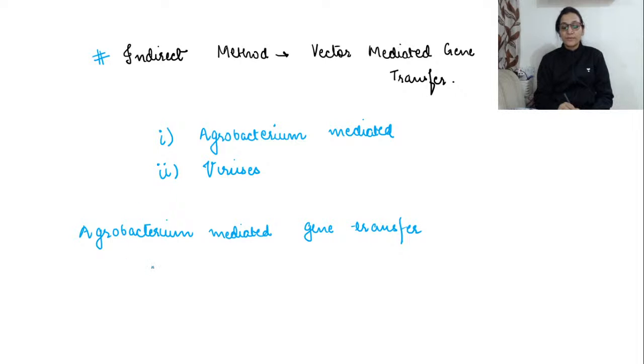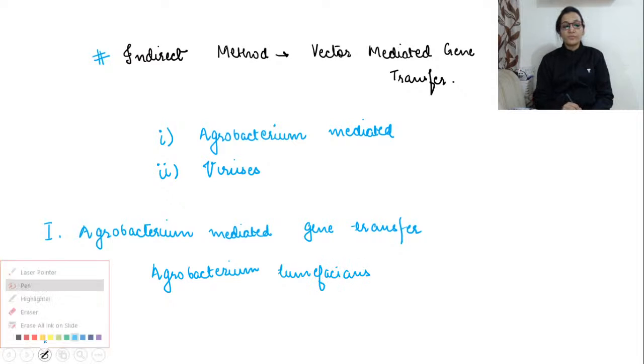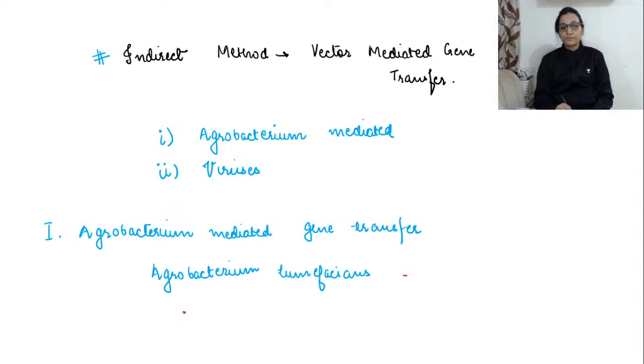Agrobacterium mediated gene transfer. So what is Agrobacterium tumefaciens? This Agrobacterium tumefaciens is a soil-borne, gram-negative bacterium.